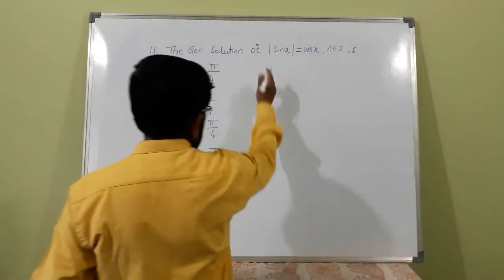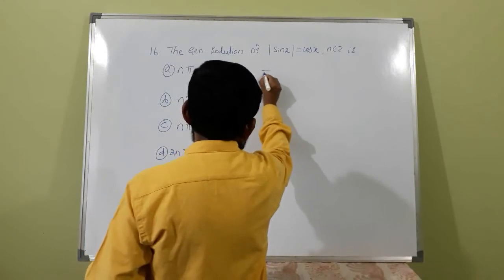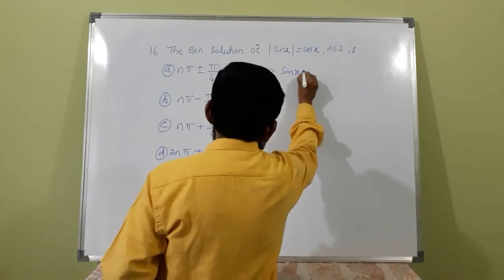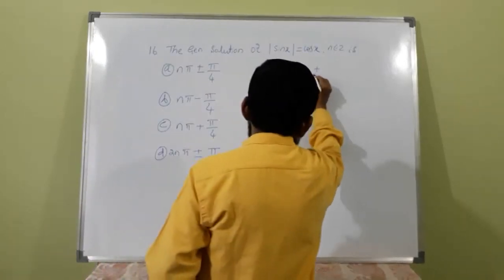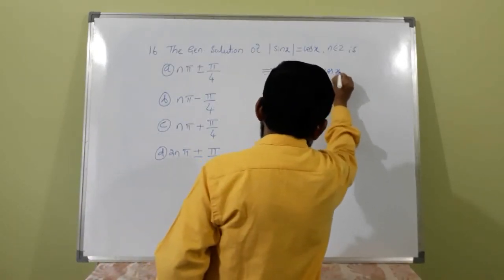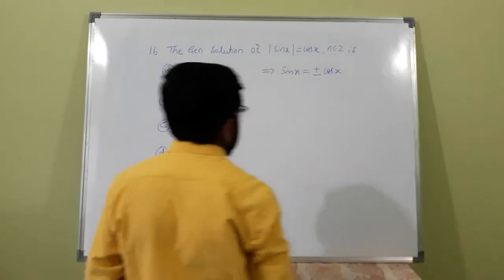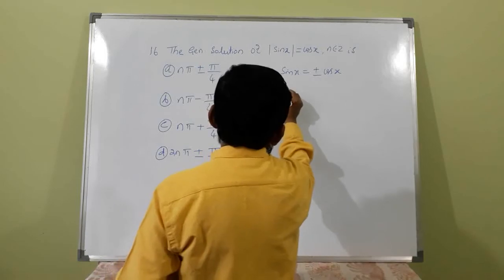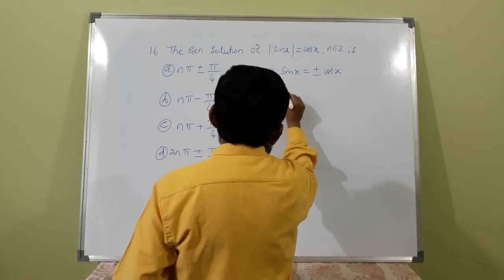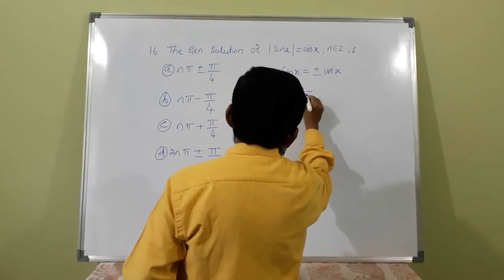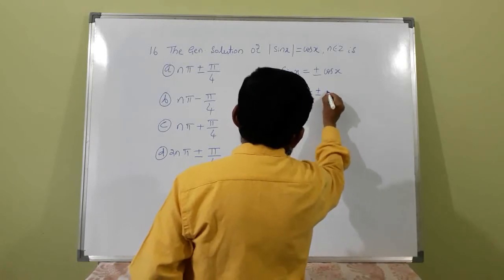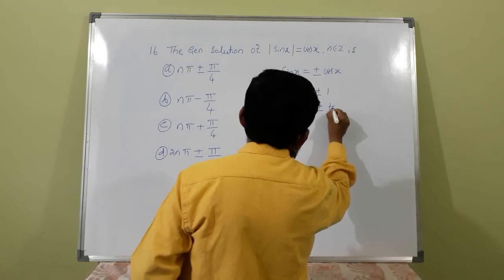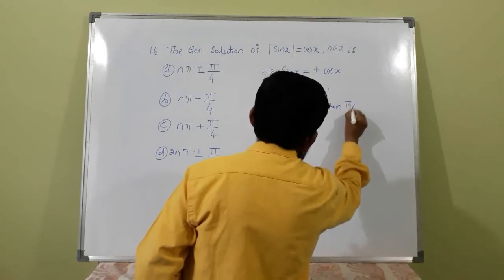Since modulus of sin x is equal to cos x, this implies sin x is equal to plus or minus cos x. If you divide sin x by cos x, that is tan x, it is equal to plus or minus 1, or plus or minus tan π by 4.